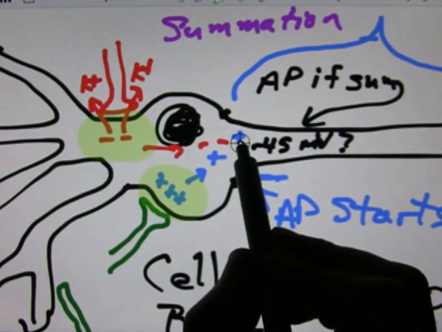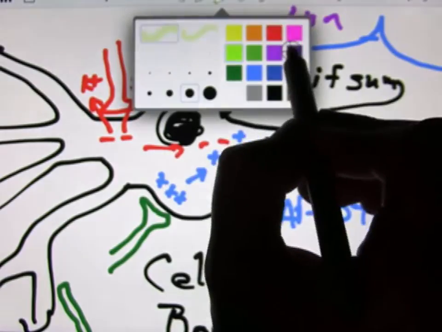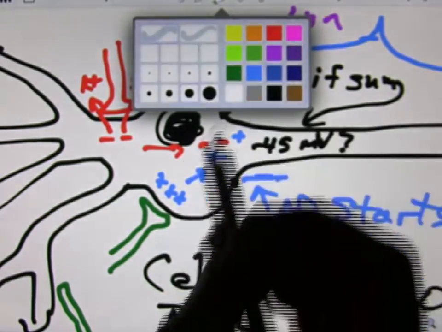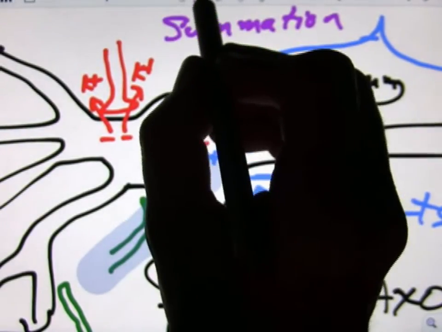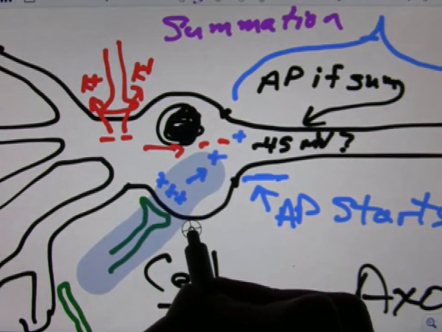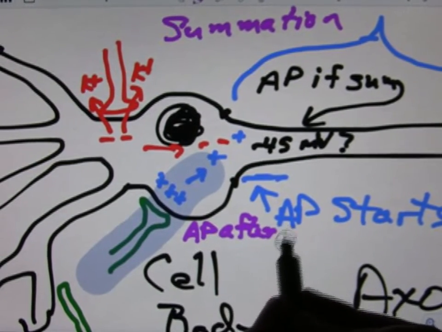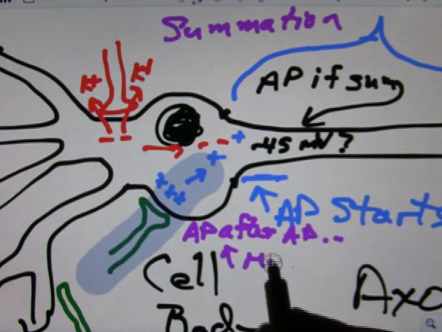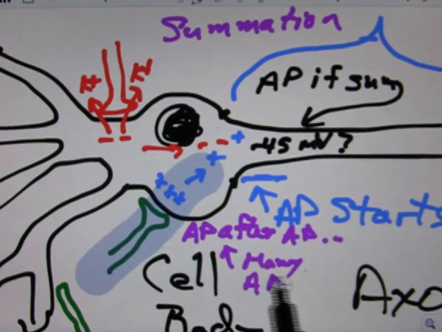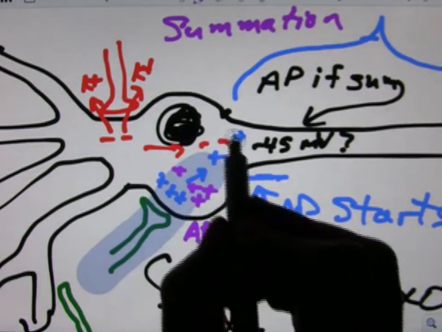You can also have temporal summation. Imagine that one of these has action potentials over and over again, AP after AP, so many action potentials that each new action potential brings in more charge, and it doesn't have time to dissipate.